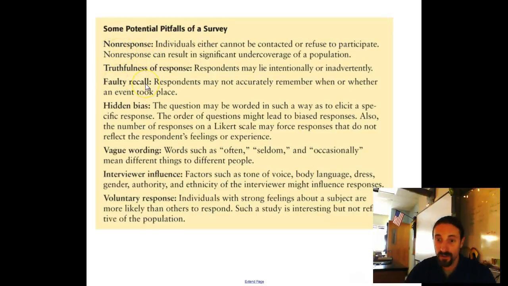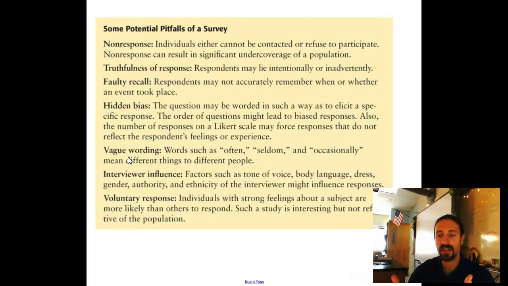Truthfulness. Am I answering it honestly? Faulty recall. I don't remember what I ate for breakfast. How many times did I eat potatoes last week? There can be a level of bias. I don't like to say strongly agree. I mostly agree. Or vague wording.